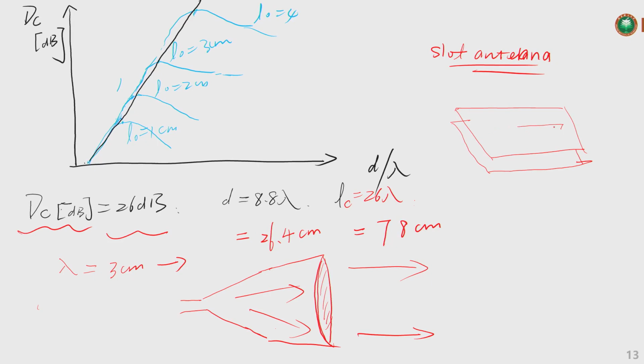At one plate there is a slot to launch the radiation out from this slot. The dimension of it, the frequency of the radiation, and also the size of this device are always determined by the phase matching condition, and also impedance matching.